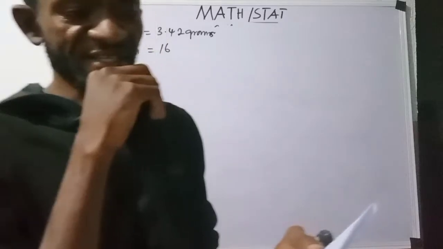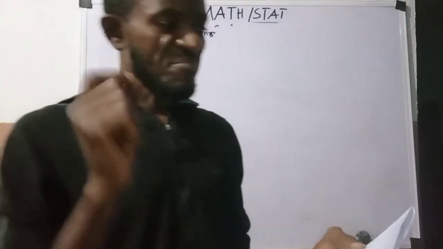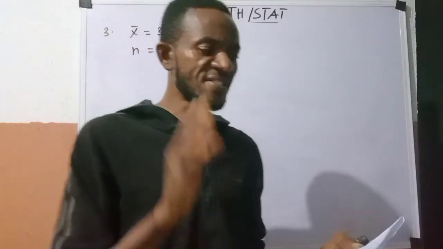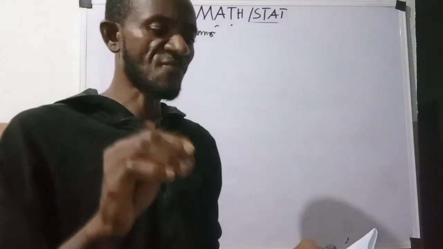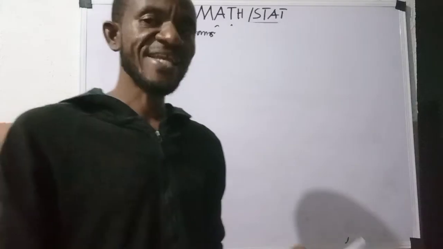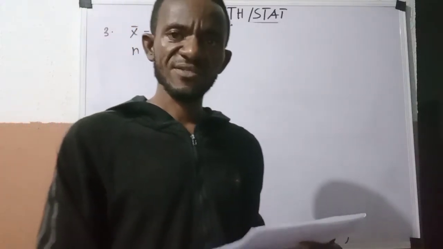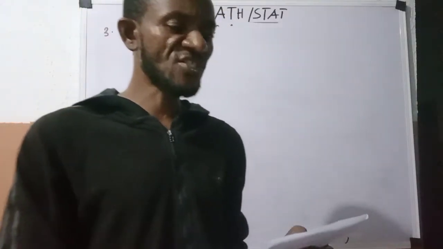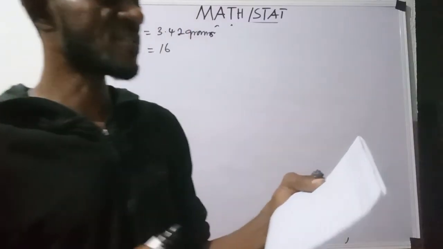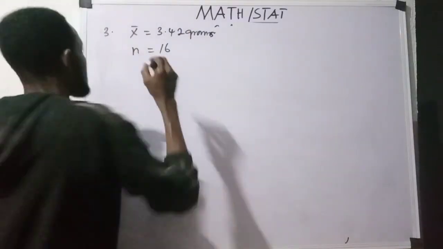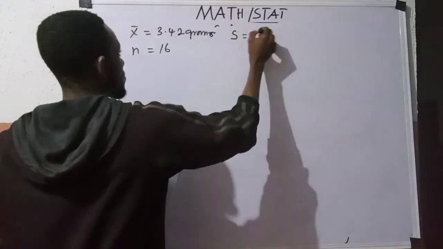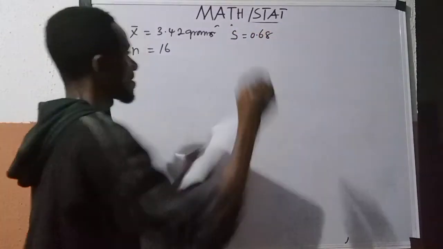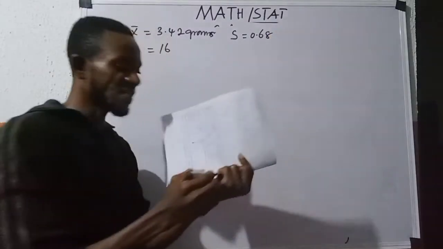And they went ahead and said the mean weight of 16 packs of biscuit is 3.42 grams, and a standard deviation of 0.68. So I have that my S is equal to 0.68 grams.